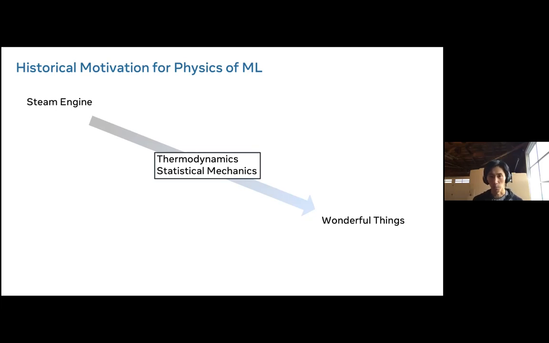And some people like Carnot and others got interested in how it works, and out came thermodynamics and statistical mechanics, which led to many wonderful things. So that's nice. And one hope is that history repeats. We have deep learning, and it's already leading to wonderful things, but we can maybe fill in the blank in the middle, where some interesting theoretical framework appears by studying deep learning on its own, and then hopefully improves things later or as we speak.